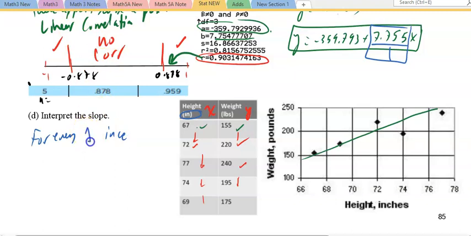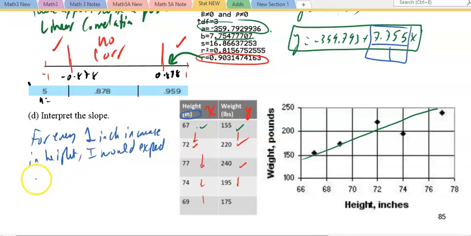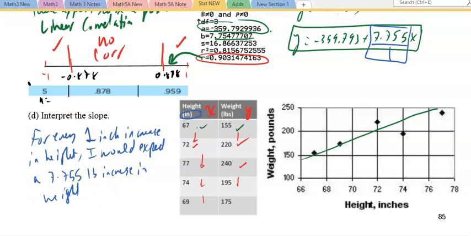For every 1 inch increase in height, I would expect a 7.755 pounds increase in weight. That's what this sample pretty much predicts.